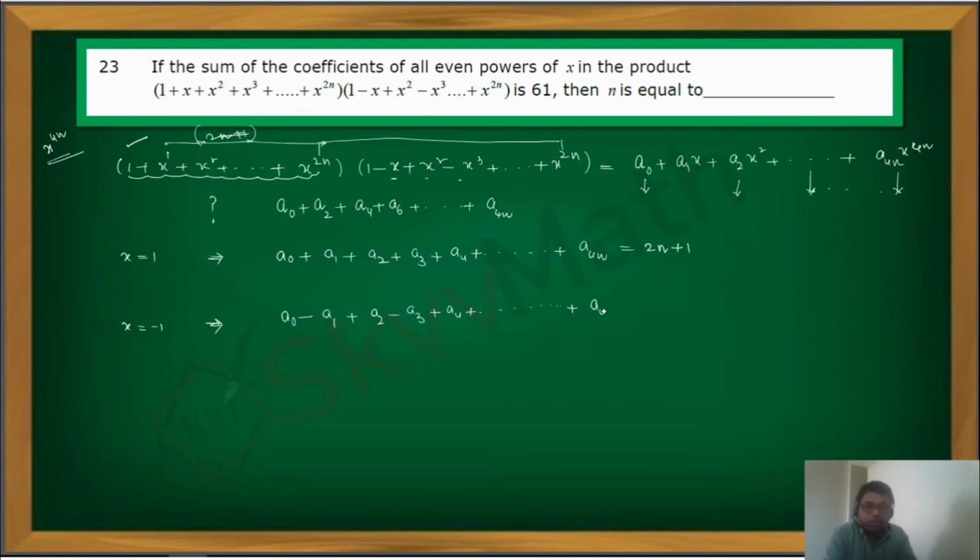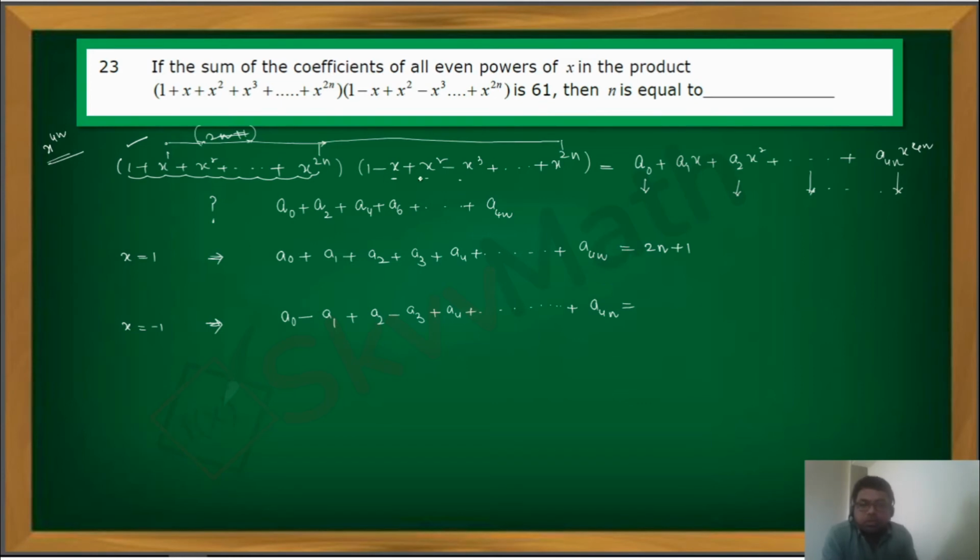At the end you get plus a4n, which is equal to, if I substitute x equal to minus 1 in the first polynomial, minus 1 plus 1 cancel, and this is again plus 1, and x cube becomes minus 1, so plus 1 minus 1 cancel. Keep on writing x value minus 1 till the end. At the end one single term is left, that is minus 1 whole power 2n, which is plus 1, so 1 into this will be this only.